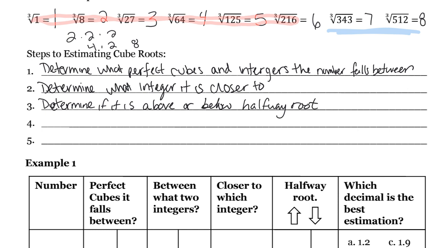Okay, so then we should be able to determine if it is above or below the 0.5 factor using the halfway root. So we use the halfway root to determine that. And then estimate to the best of your ability.